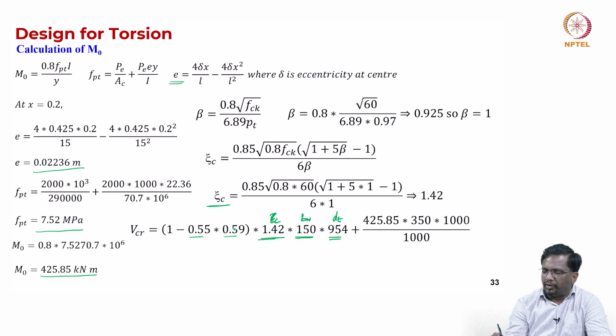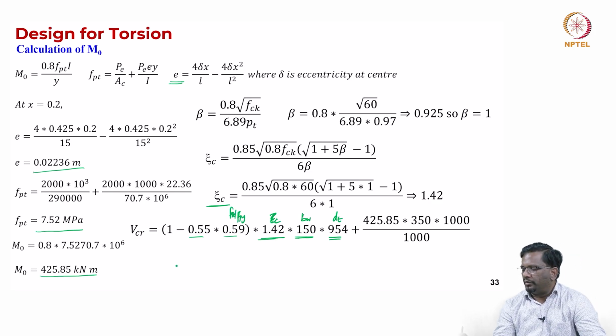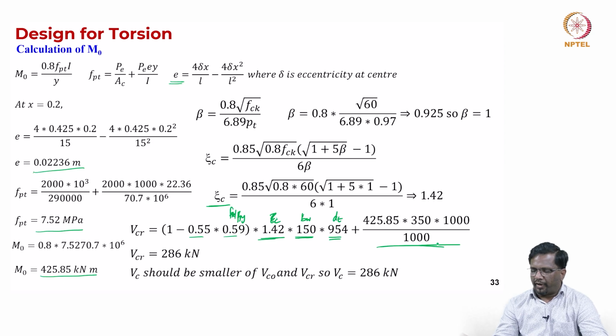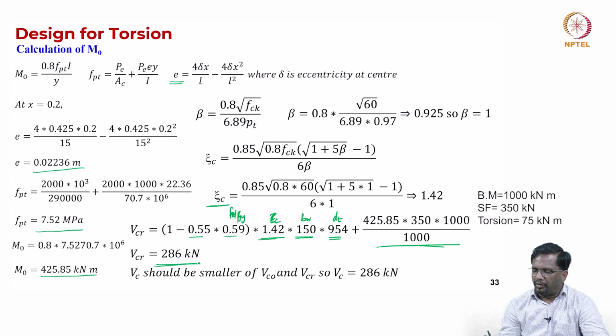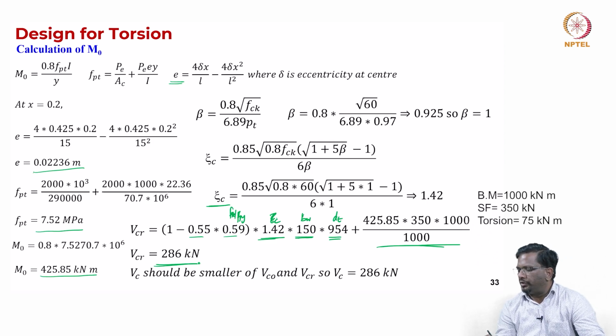This is your fpe by fpy ratio, and this is your additional component that we have, okay. So, you see here, VCR in this case works out to be 286 kilonewton, which is a lower value, because for this problem the shear demand is low.